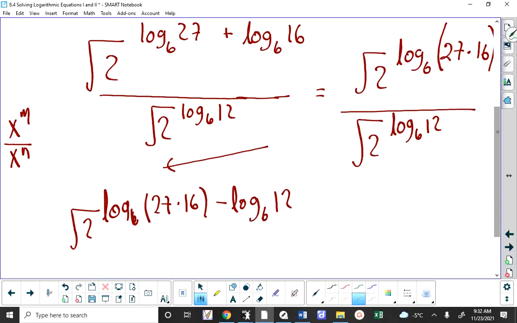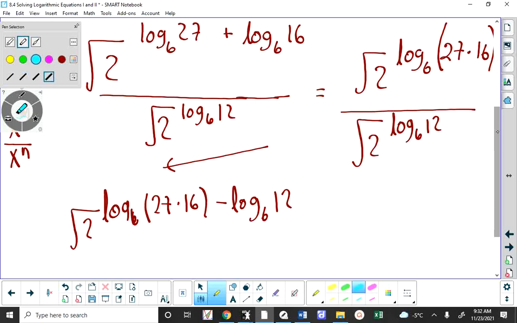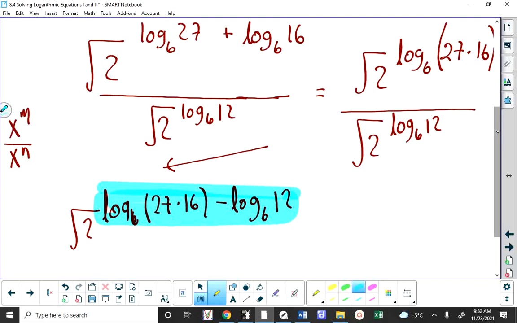This whole thing, everybody, that I'm going to highlight here is the exponent on root 2, right? It's all raised as an exponent. Now I'm subtracting logarithms so I can divide the arguments.